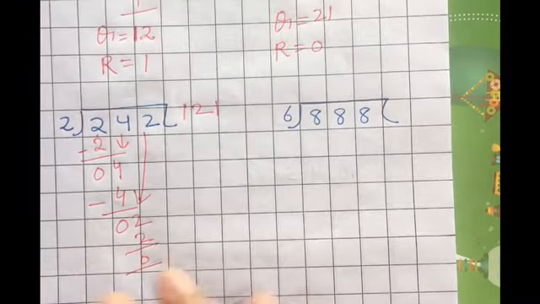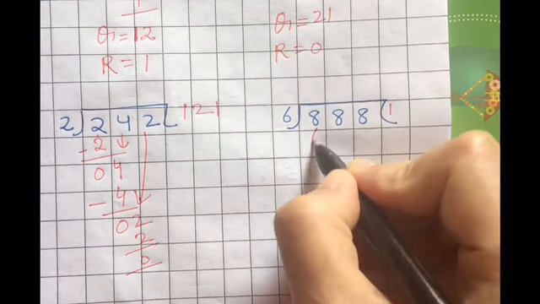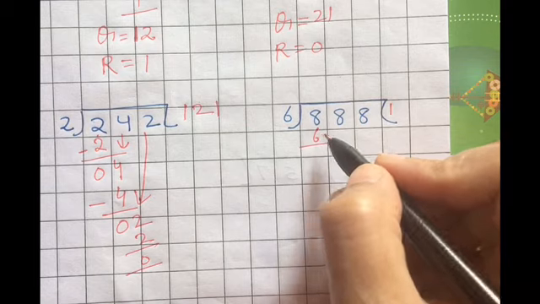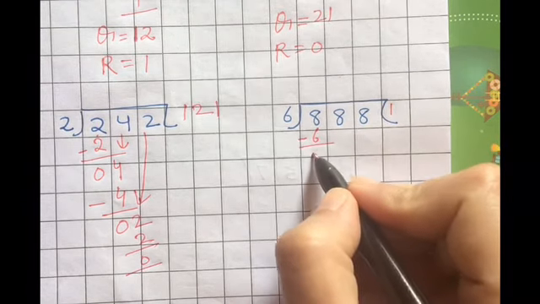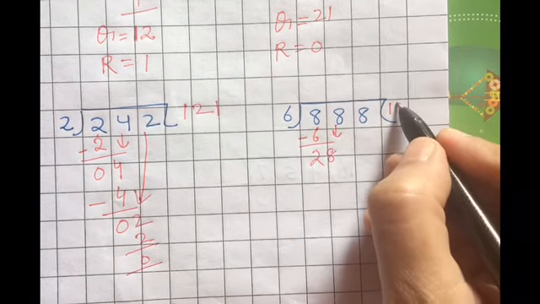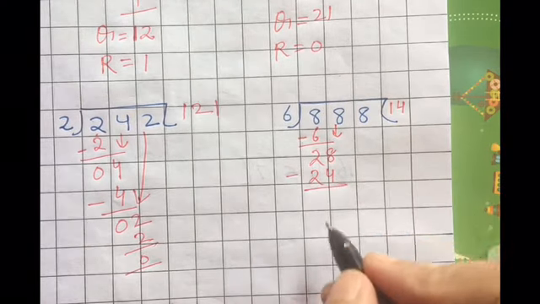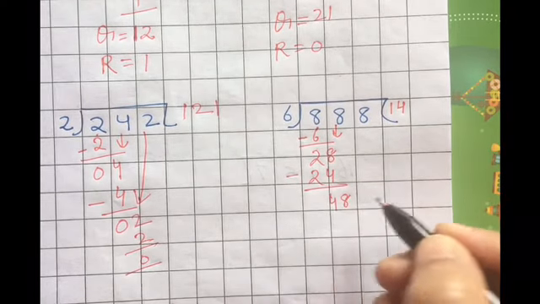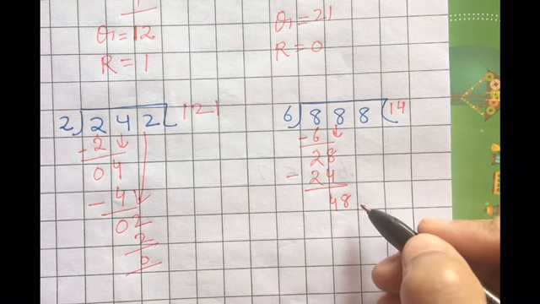Fine. Next, last one. 6 ones are 6, 6 twos are 12, which is greater. 6 ones are 6. Subtract it, we will get 2. This 8 will come down. 6 fours are 24. Subtract, 4 8. Now we will have to find any number in the table of 6.